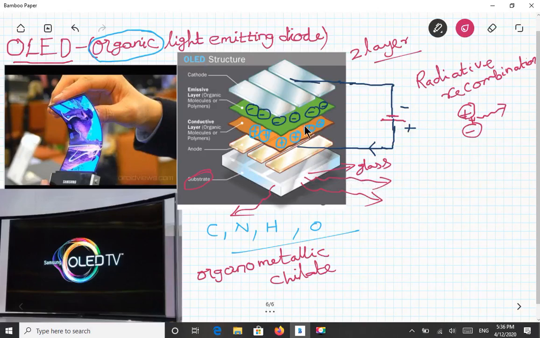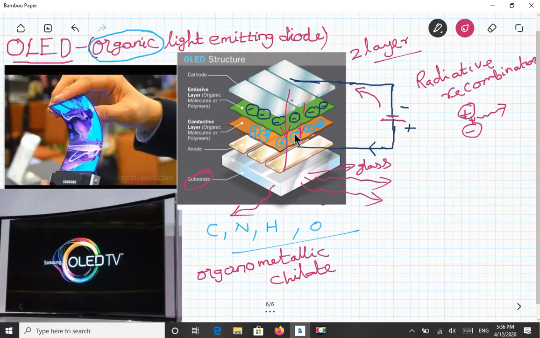Okay. So the emissive layer is connected with the negative cathode, so this will pump the electrons. The electrons will flow from this negative side and fill the emissive layer, and the positive will suck all the electrons. So the electrons will flow in this way, next to the emissive layer, and reach the conductive layer.